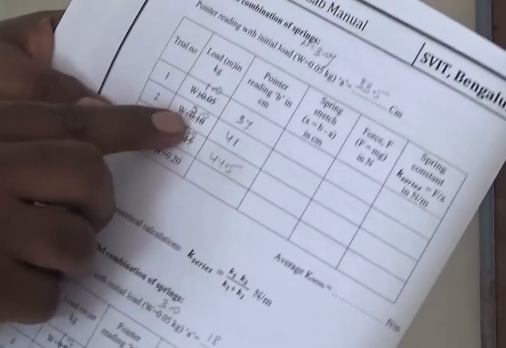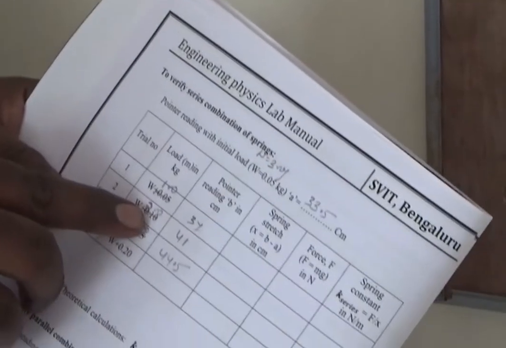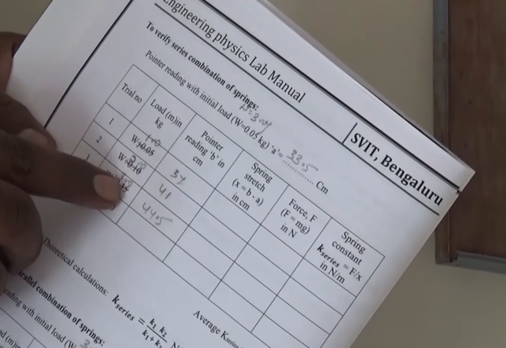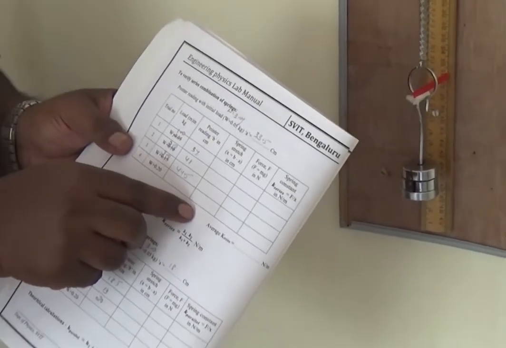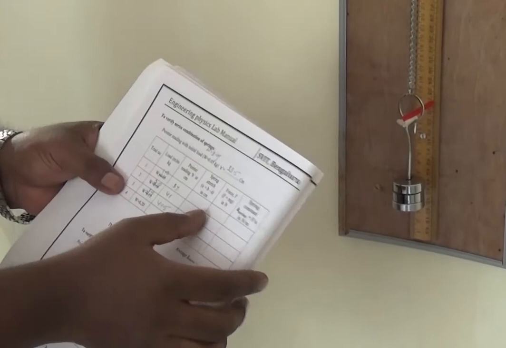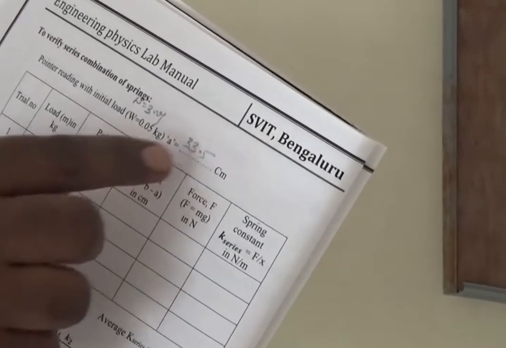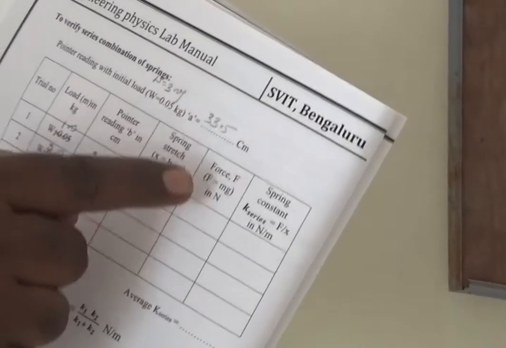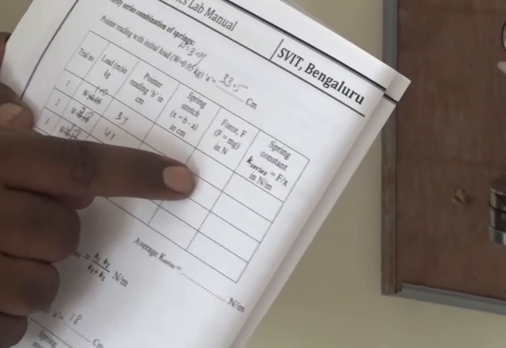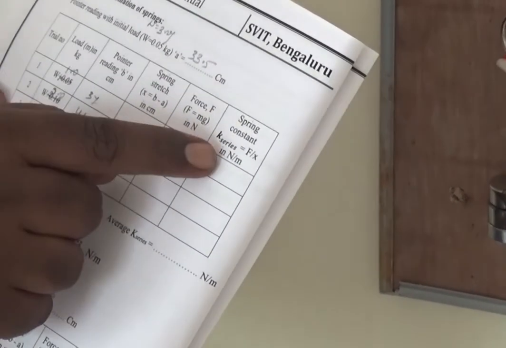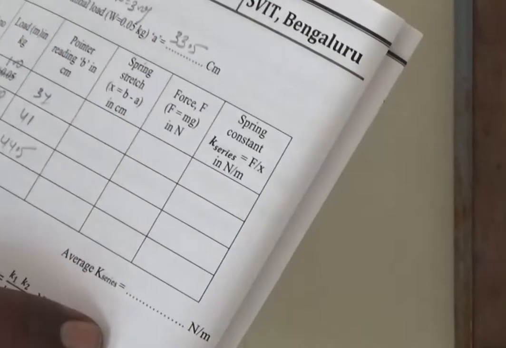In the similar manner you continue adding the load, 100 grams, 150 grams and 200 grams, and each time note down the pointer reading B. From that we can calculate the displacement by subtracting B minus A, then we can calculate force by considering mass in kgs, and we can calculate the spring constant in series.